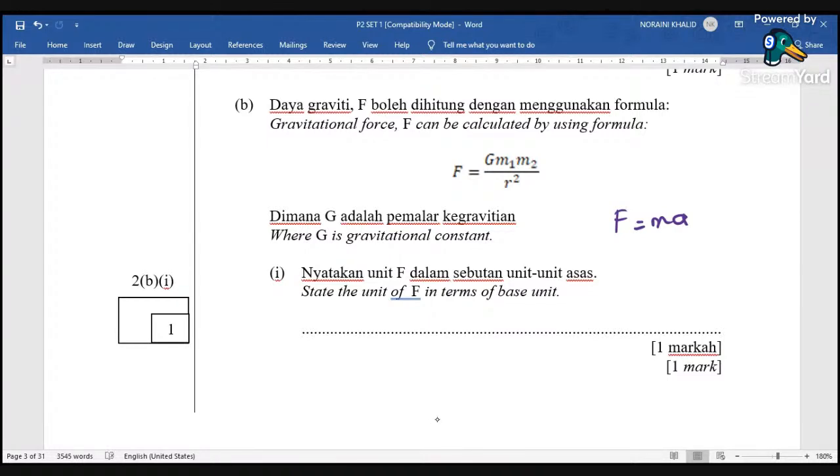Force is kg meter second negative 2. Okay, this is in terms of base unit. When we talk about base unit, there are how many? 7, right? Kilogram, meter, second, Kelvin, candela, mole, okay, the one you call base unit.